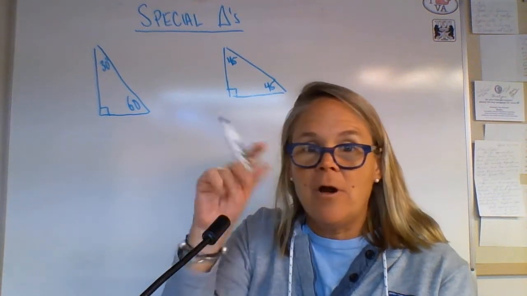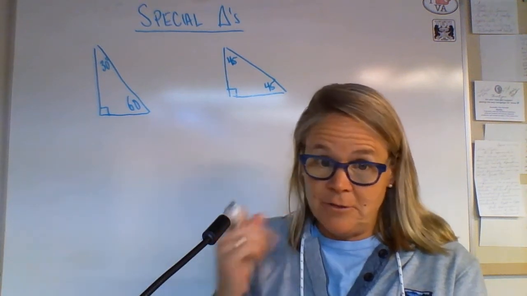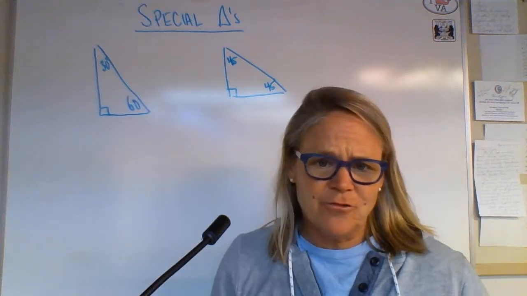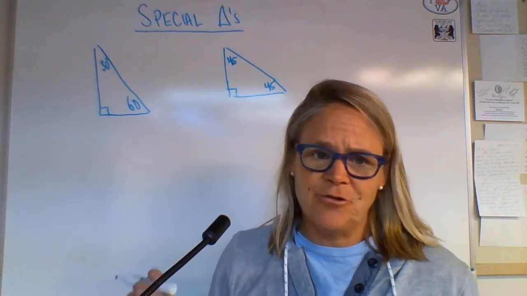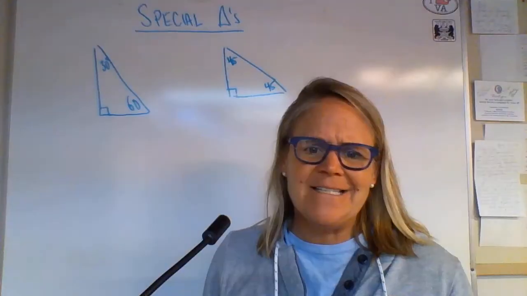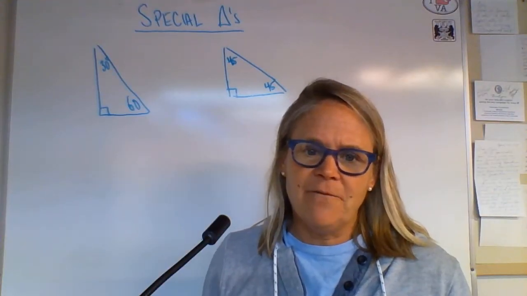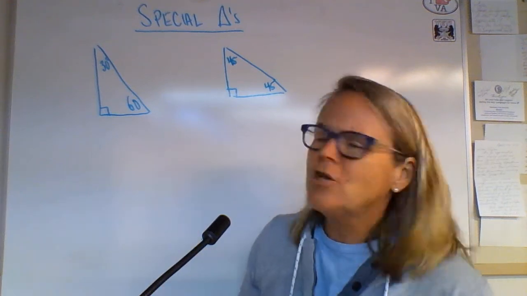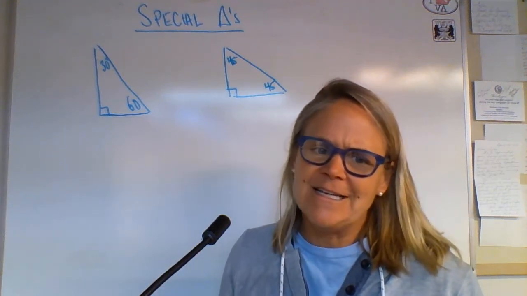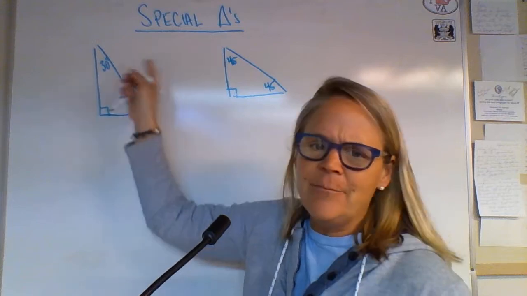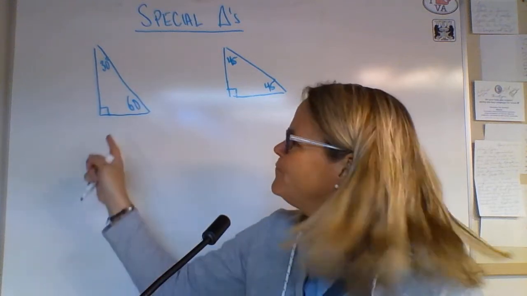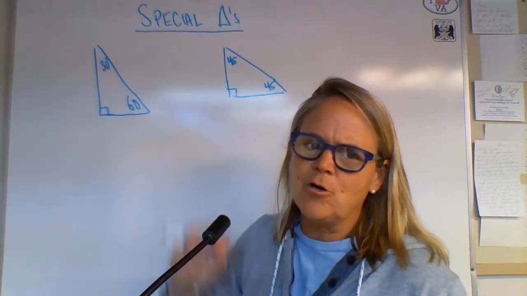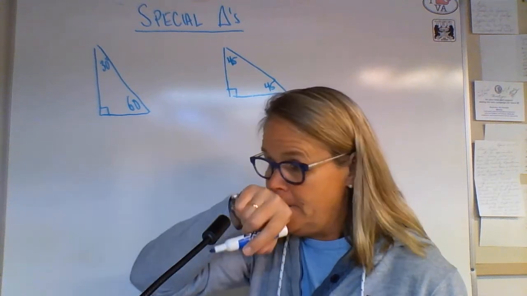Okay, today we're going to talk about special triangles. Two special triangles that are going to come up big in trigonometry: 30, 60, 90 and 45, 45, 90. Now, in geometry, what you learned with the 30, 60, 90 is it doesn't matter how that thing is rotated, your shorter side is always across from the 30.